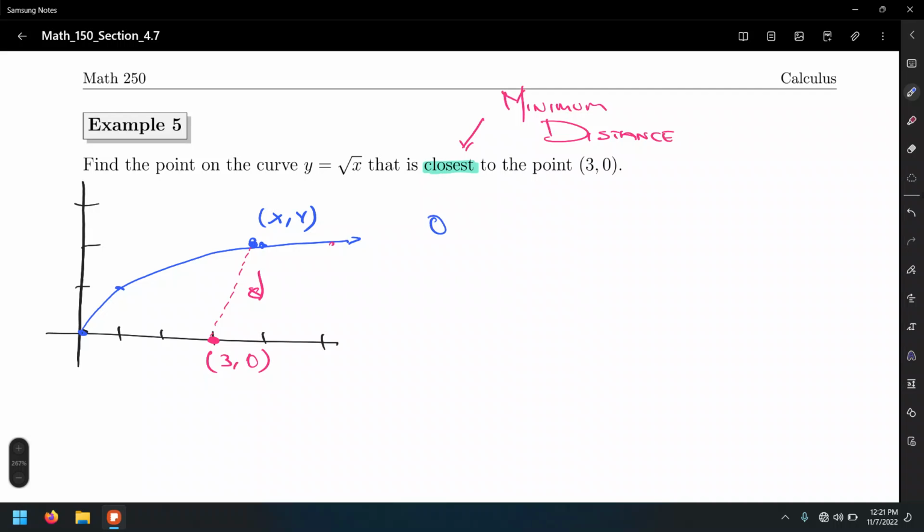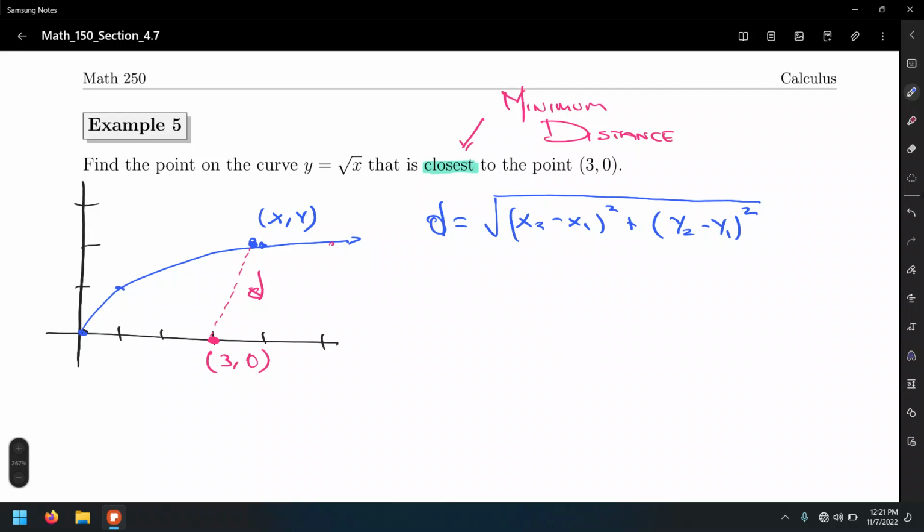So the distance between 2 points is going to be the square root of (x2 minus x1) quantity squared plus (y2 minus y1) quantity squared. That's essentially the Pythagorean theorem. When you find the distance between 2 points, you're finding the hypotenuse of the triangle that this gives rise to.